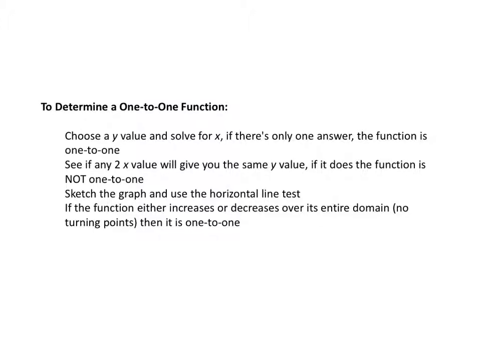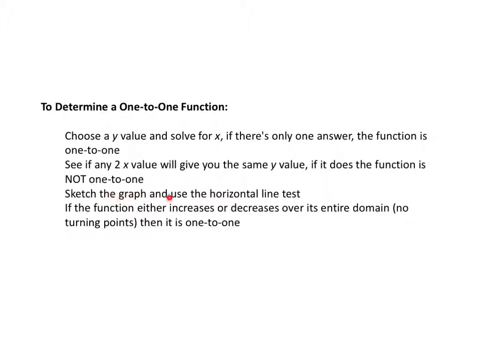This information will actually tell you whether or not a function is one-to-one, and I did each one of these. First, pick a y value and solve for x. If you only get one answer, the function is one-to-one. The next thing you can do is see if you can plug in any two x values and get the same y value. If that happens, then you got not a one-to-one graph.